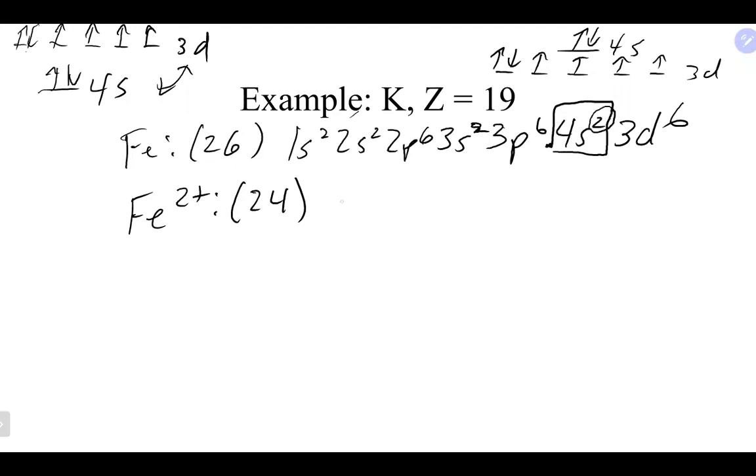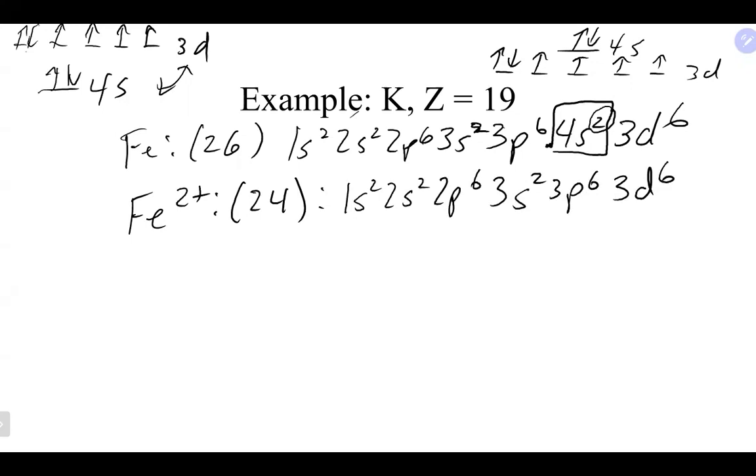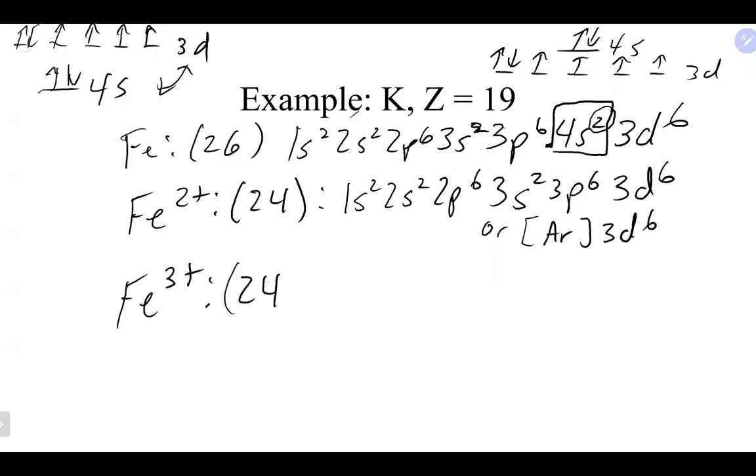That would leave us a configuration of 1s2, 2s2, 2p6, 3s2, 3p6, and 3d6, or argon 3d6. Now, if iron went to a +3 charge, it would end up with 23 electrons. The same thing's going to happen: we're going to lose those s electrons first.